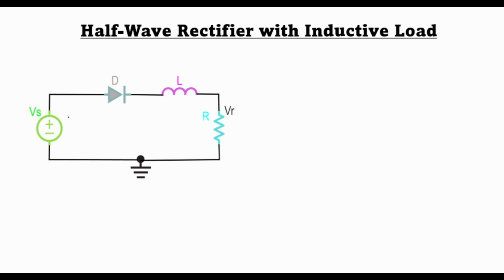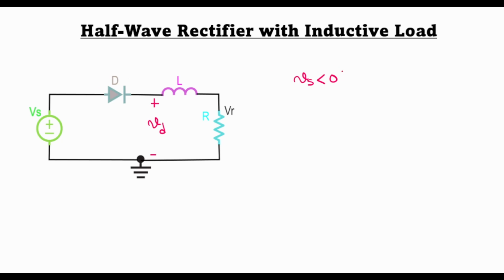So here I have my voltage source Vs and I am denoting the output voltage by Vd. This is the voltage which appears across the inductance L and the resistance R. Now we already know from half-wave rectifier operation, which we learned in one of my previous videos, that when the input voltage Vs is less than 0, the diode is reverse biased and it behaves as an open circuit.